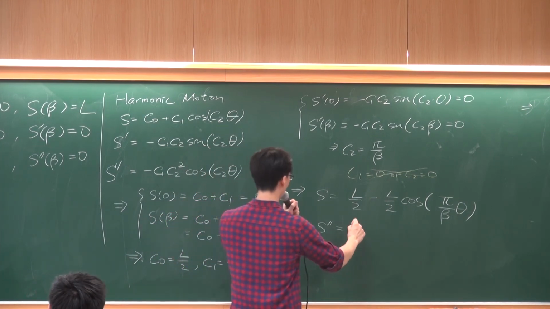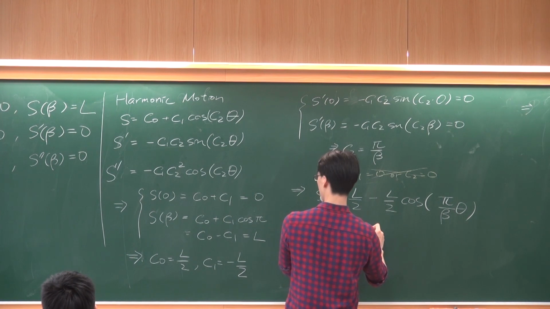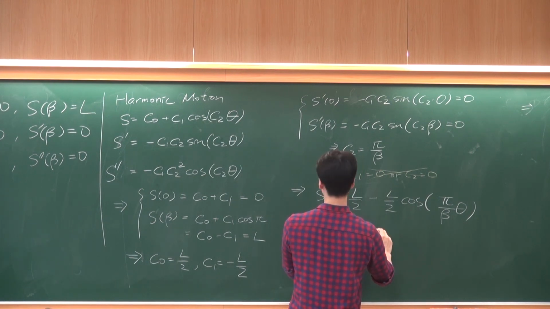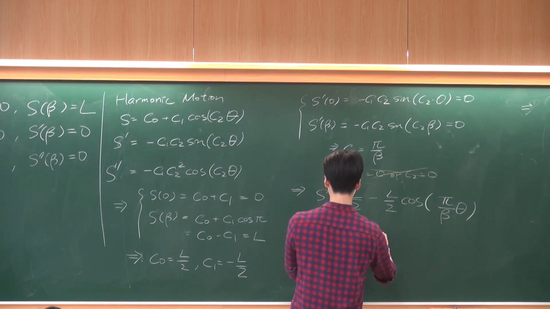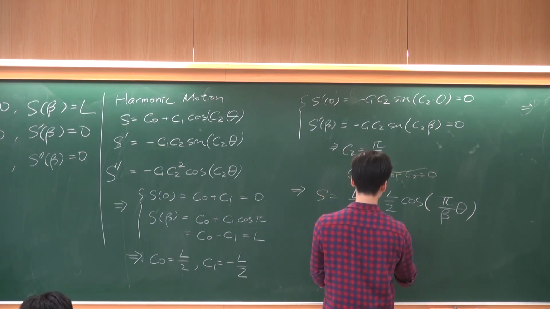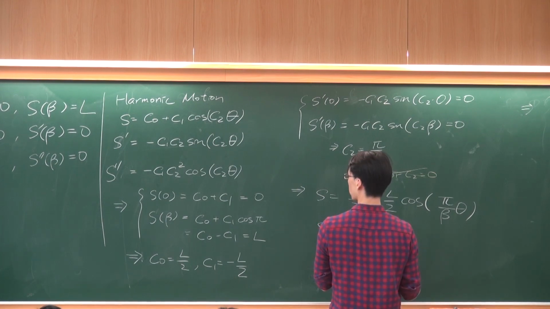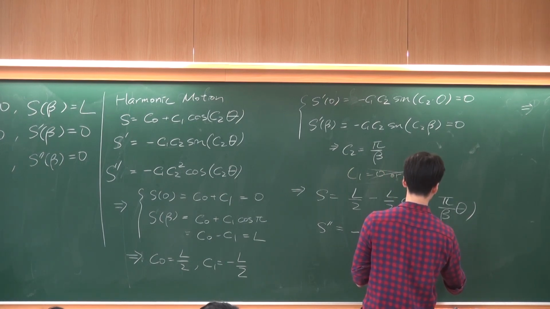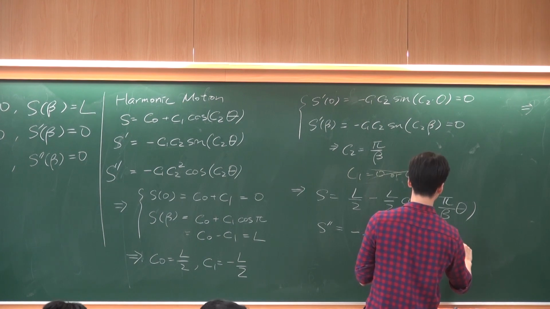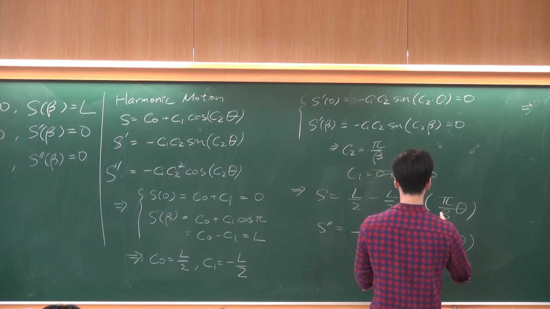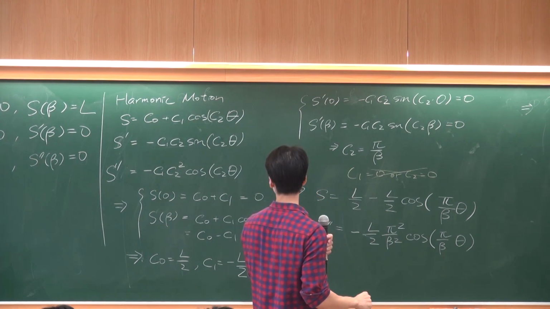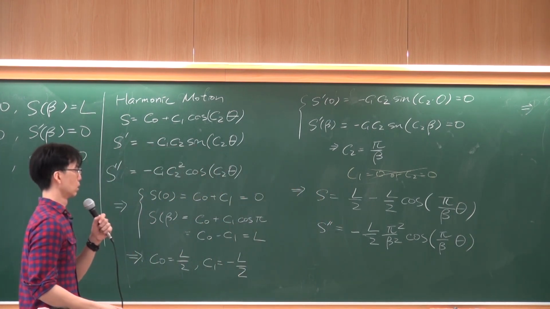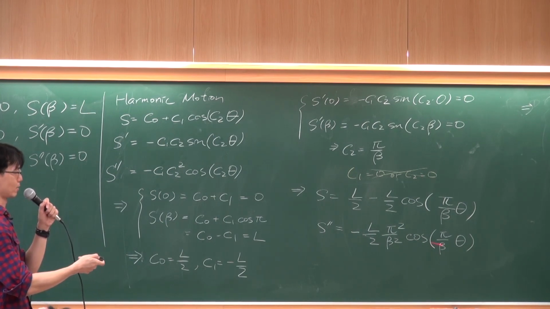So for S double prime, we will get constant C1. For the acceleration, we can find an expression in this form.